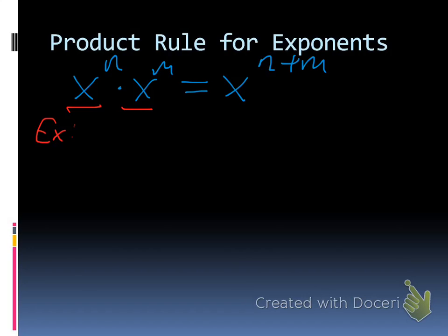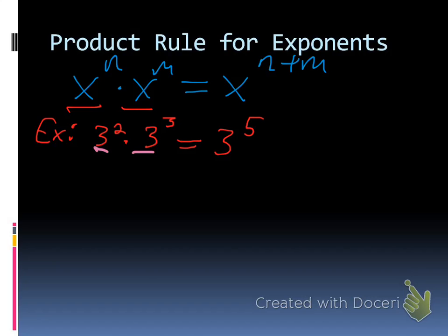Suppose I had 3 squared times 3 cubed. My base is 3, so I don't touch the base at all. The base is going to stay the same, but I am going to add the exponents, so this is actually 3 to the 5th power.